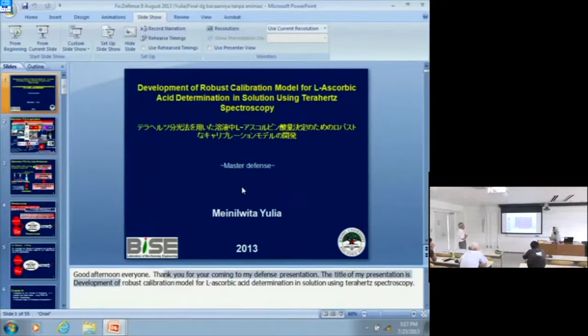By developing the robust calibration model, I hope I can compensate for variation, for example, of the temperature, the lamp, the aging, and so on. Especially temperature. In chapter 3, I explained the robust calibration model for temperature compensation.